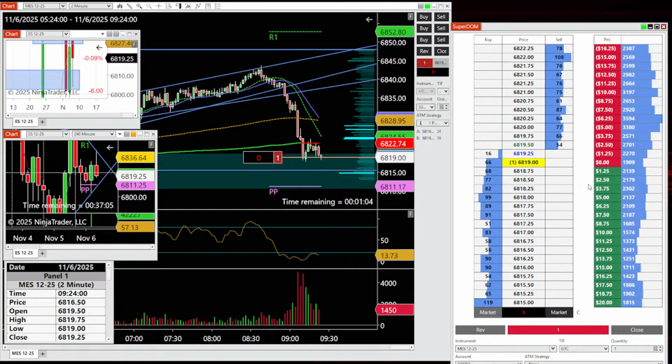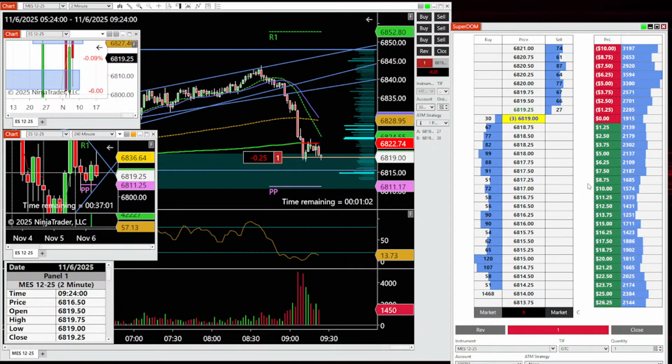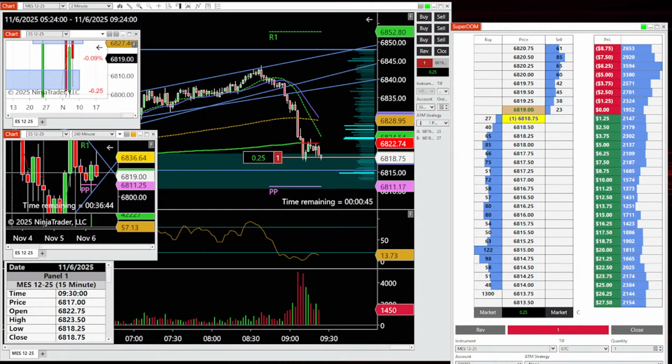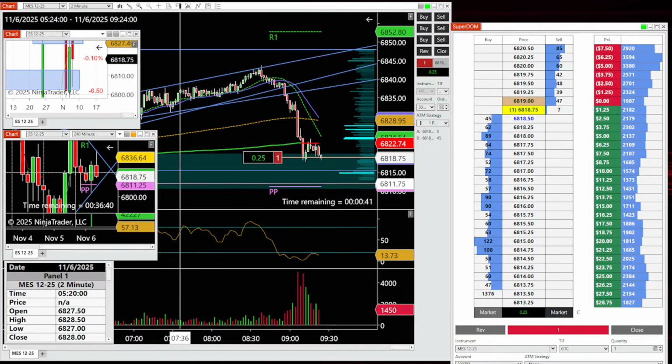I'm gonna try it again. Order filled. Let me see, I'm looking at a bigger time frame. Gotta break the 17 though. If we don't break the 17, it could be a double bottom.